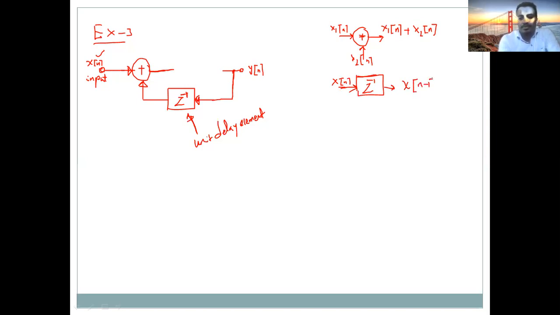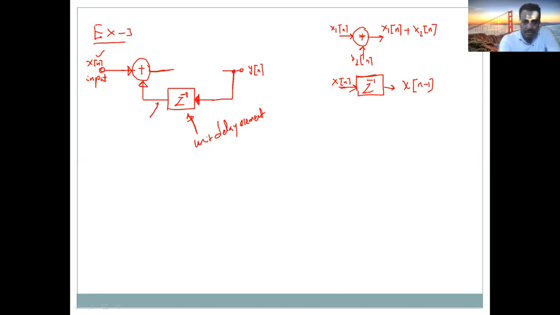It is a past value. We apply input now, and because it is a memory element, it will store the previous samples and give you one sample before. That's why we call it unit delay. It's a delay by 1 unit time.